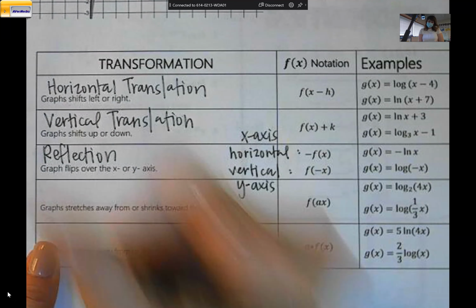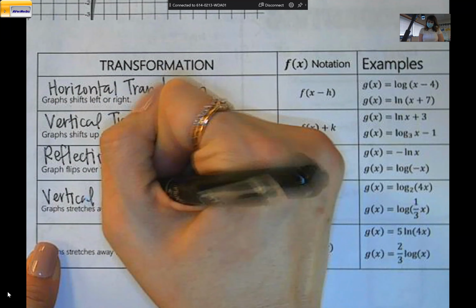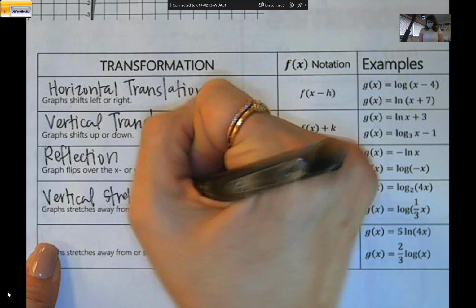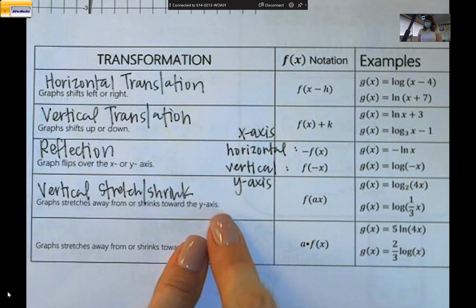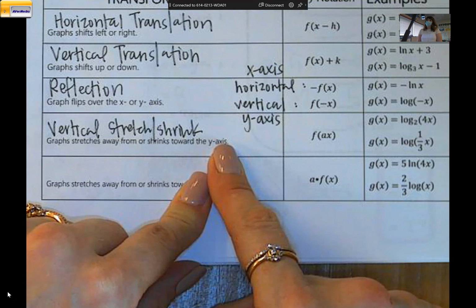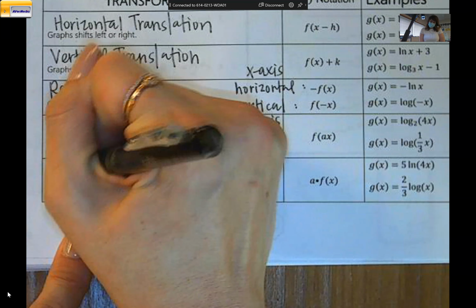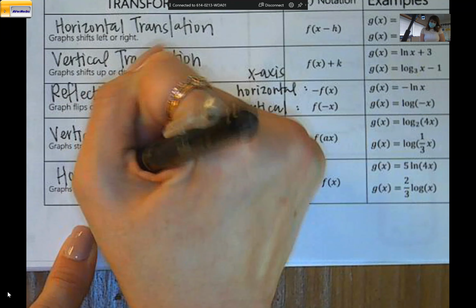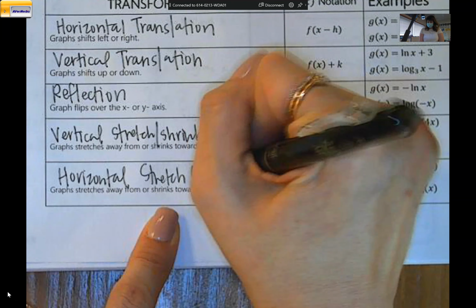The next one is a vertical stretch or shrink. It says that it's going toward or shrinking away from the y-axis, so I know it's vertical. And lastly, we have a horizontal stretch or shrink.